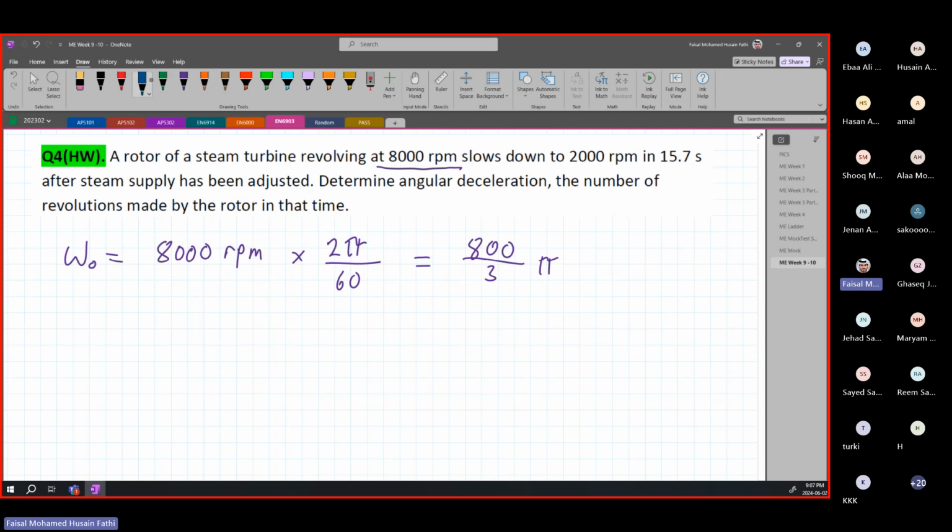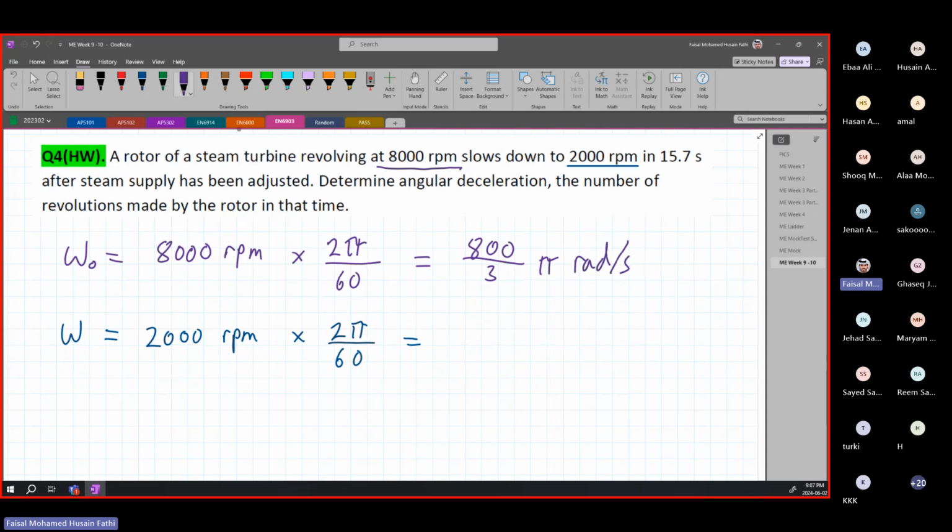And then it slows down, so we know there's a deceleration process to 2000 RPM. So omega, or final angular velocity, is equal to 2000 RPM. Again, we are going to multiply by 2 pi over 60 to convert into radians per second.